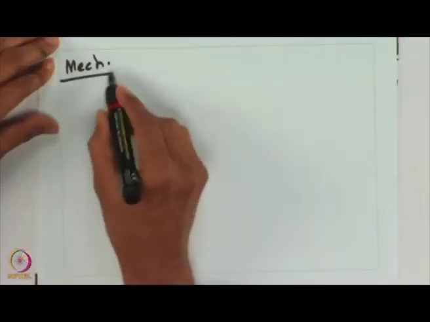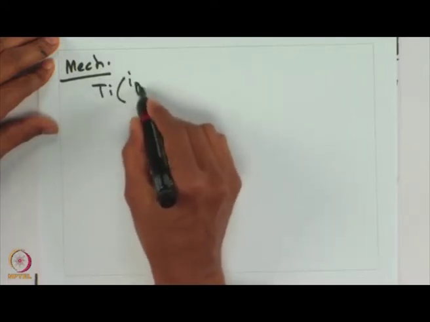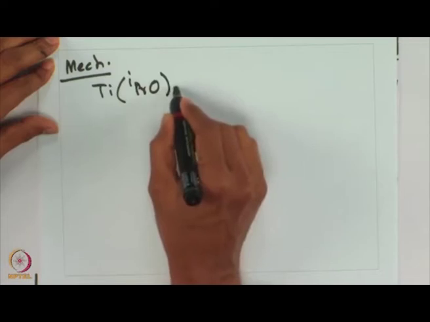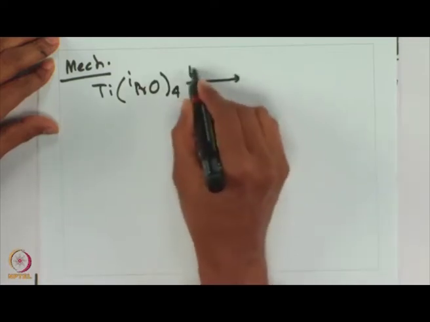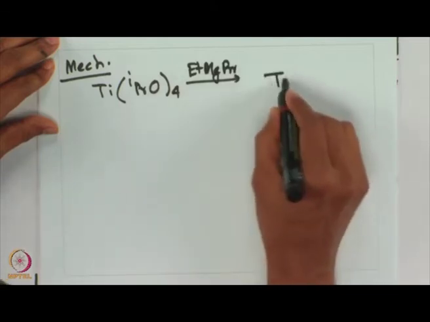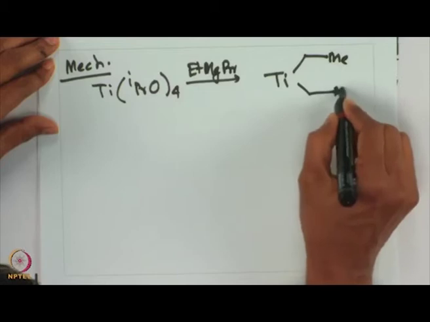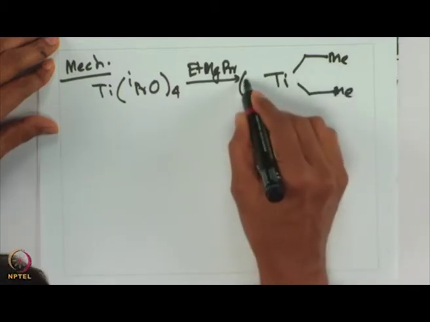So, the mechanism, as you would expect: the first step, as before, is the titanium isopropoxide reacting with ethyl magnesium bromide to give the titanium dialkyl intermediate.